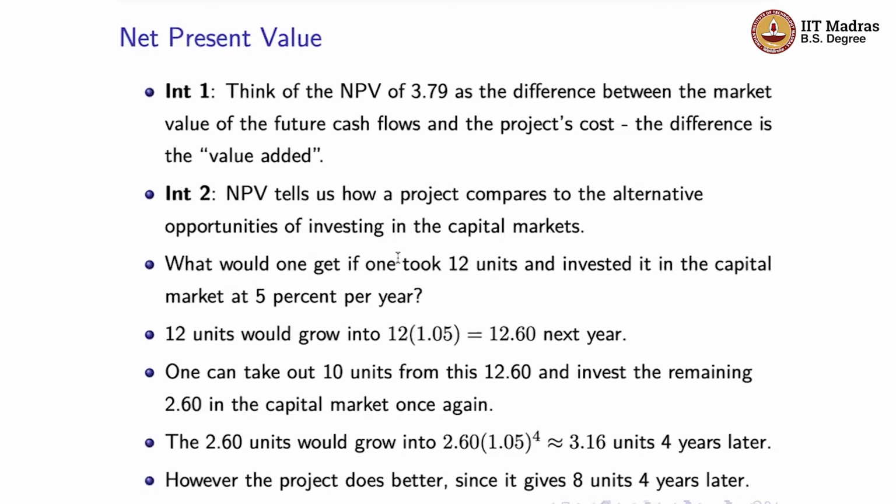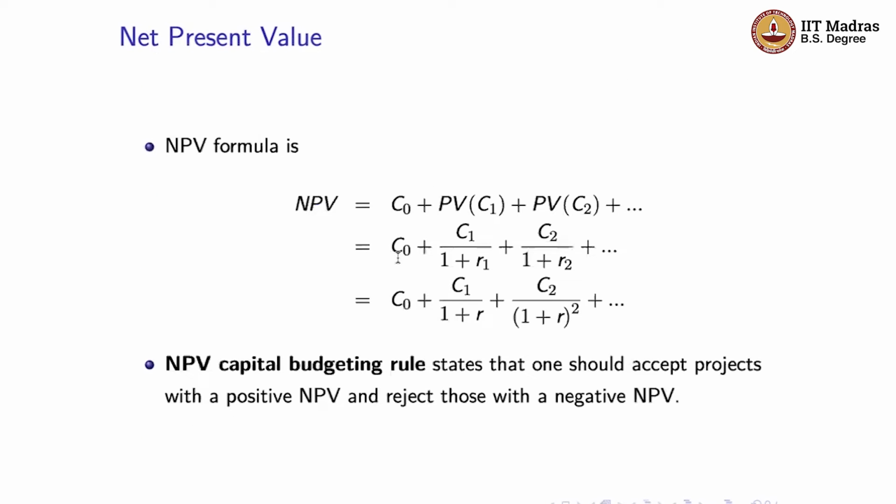So the project is able to give you better returns compared to what you would have got if you had invested your money in the capital market, right? And hence, in that way, you get an intuition why this project is better than just investing in the capital market.